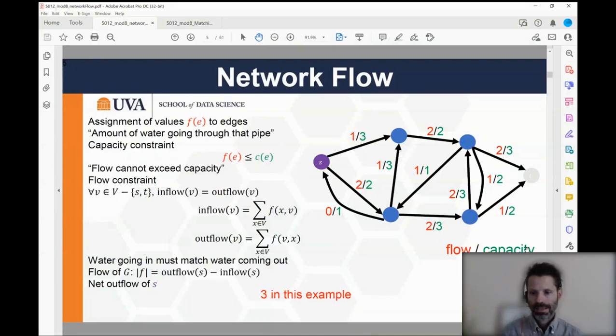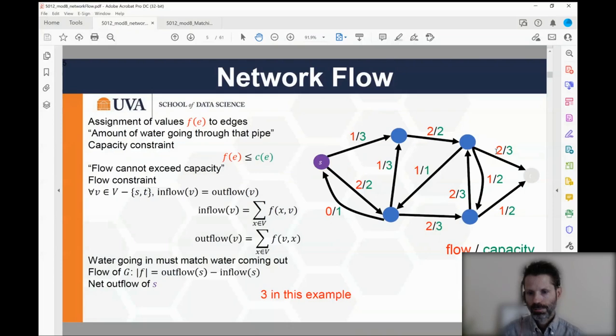Here, the capacities are shown in green, the flow is shown in red. This indicates that from our source, we have a flow of 1 traveling along this edge and a flow of 2 traveling along this edge. Then we have a flow of 1 going up here, a flow of 1 going over here. Note that all the flows are less than or equal to the capacities.